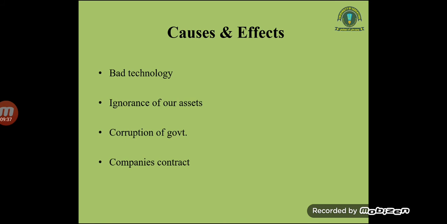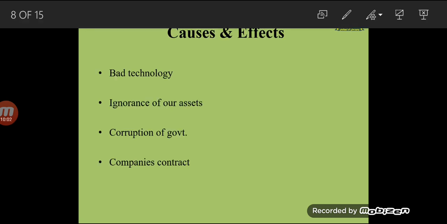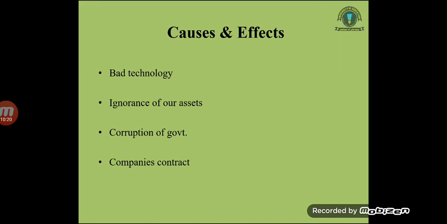Another much more important factor is the corruption of government, which also affects the natural resources. The parties did their politics on them. So corruption is the main source which affects all these company contracts. A number of internal and external companies contract on the natural resources.